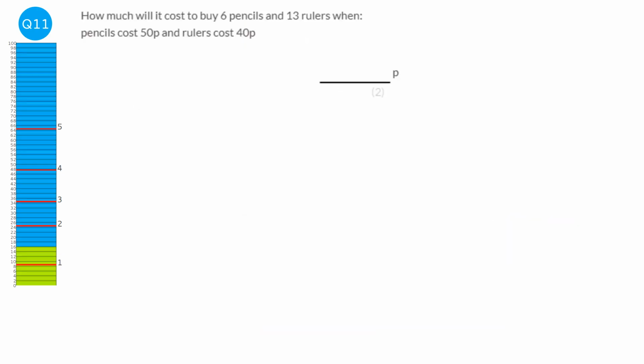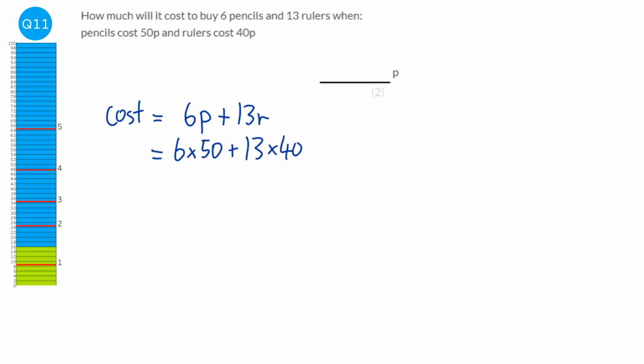We could write an expression for the cost of 6 pencils and 13 rulers. The cost will be 6, and then let's call the cost of a pencil P, plus 13R, and let's call the cost of a ruler R. And let's actually make this an equation. So cost is equal to that. A pencil costs 50p, so it's 6 times 50 plus, and a ruler costs 40p, so it's 13 times 40.